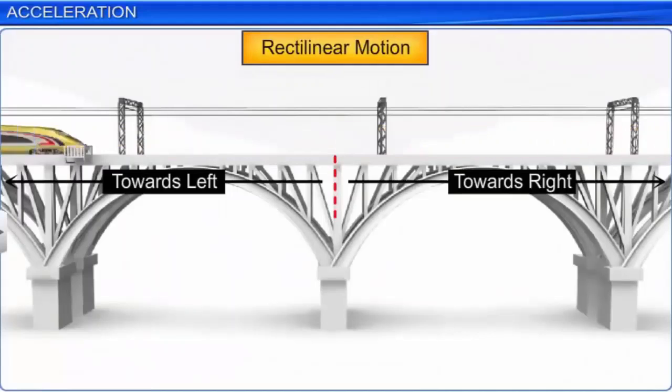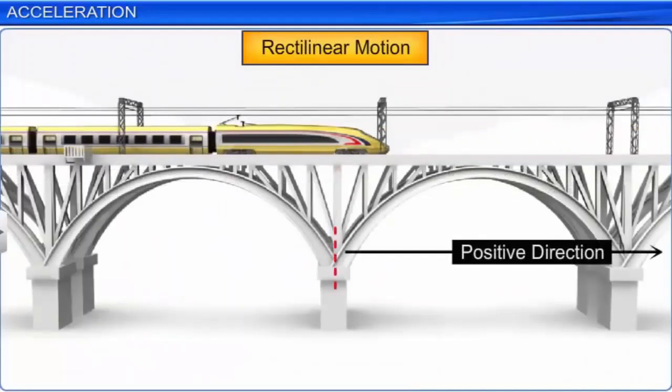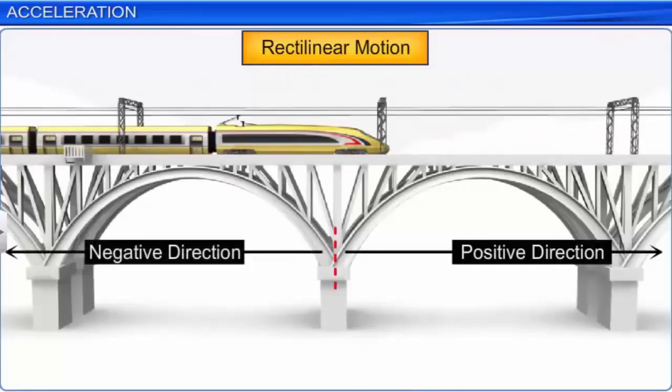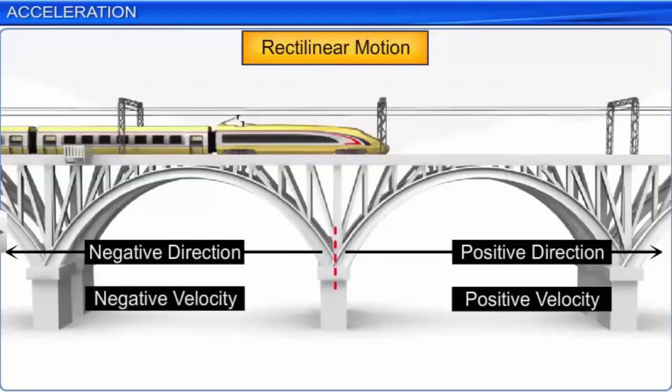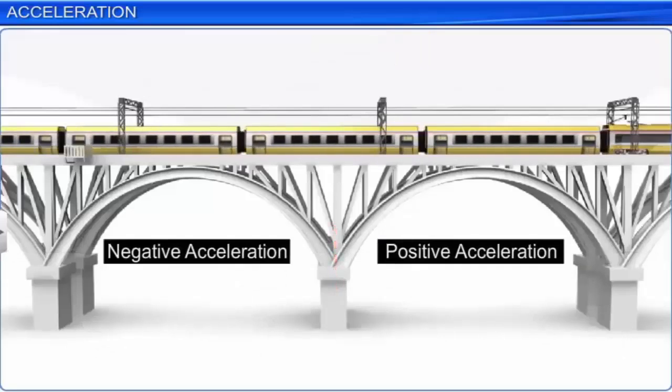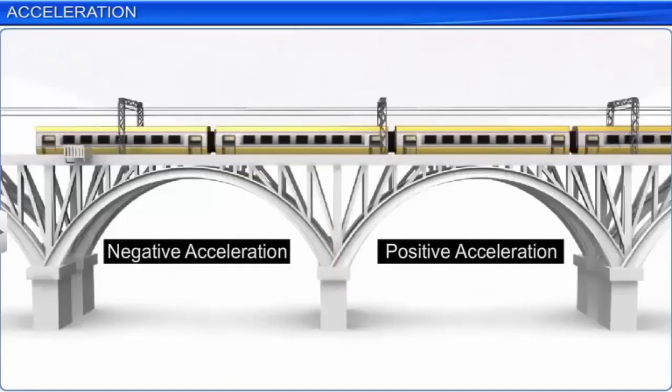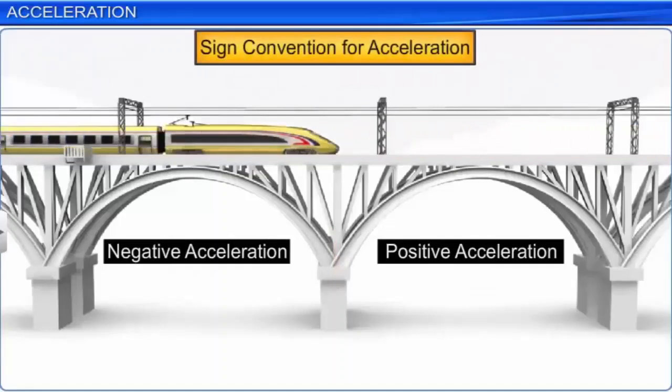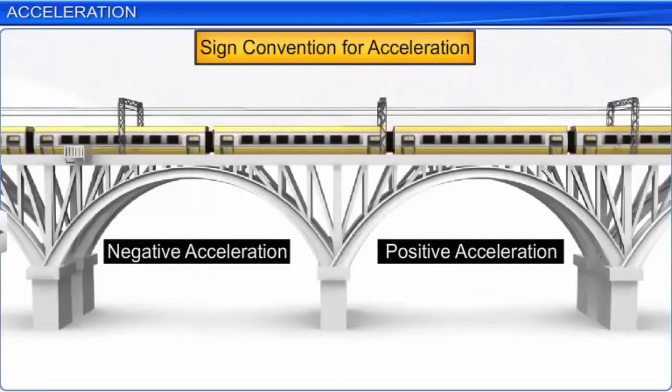Therefore, we have two types of velocities, positive and negative. Similarly, we have two types of acceleration, positive and negative. Formulating a proper and consistent sign convention for acceleration is very important. Let's understand what constitutes positive and negative acceleration.